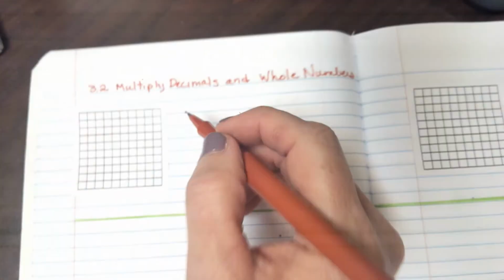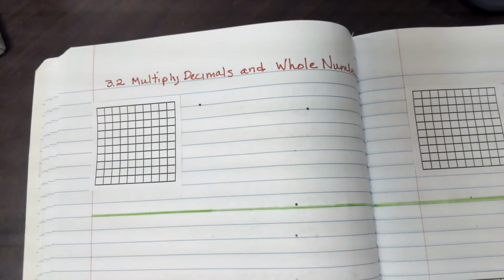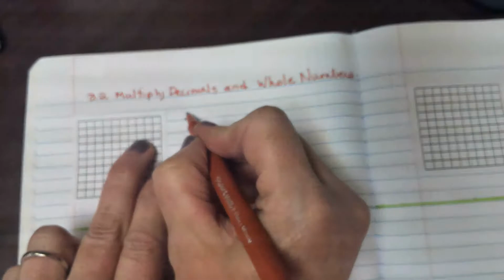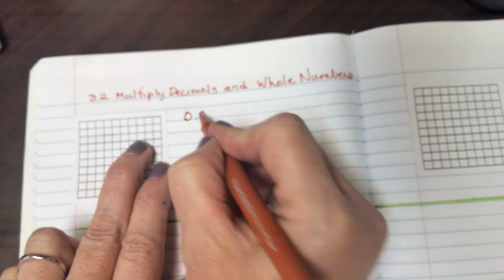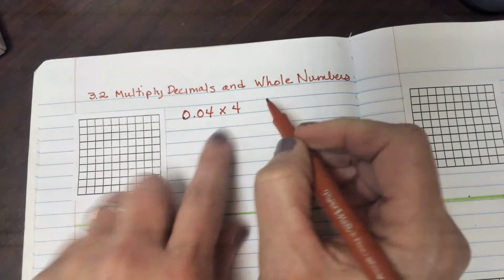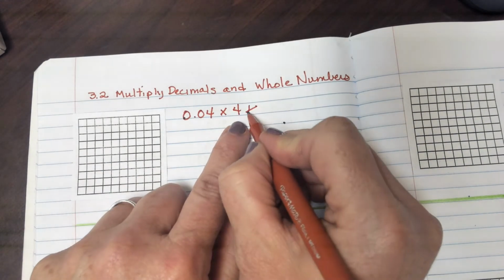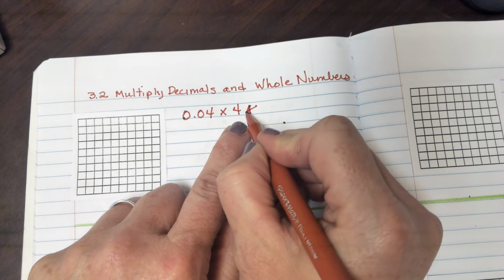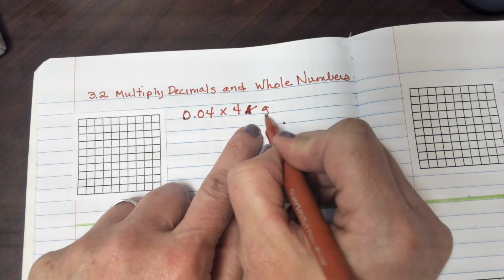And the equation is, and let me put my glasses on so I can see, 0 and 4/100 times 4. And guys, that 4 represents groups of. Okay? The 4 represents the groups.